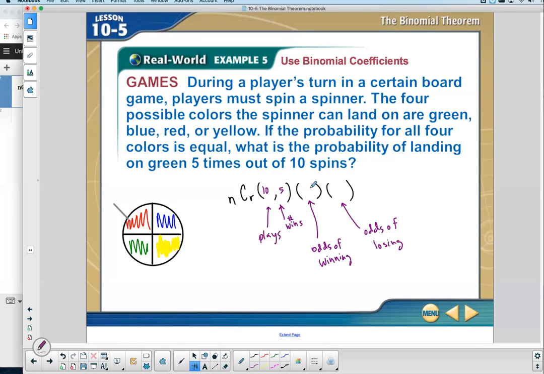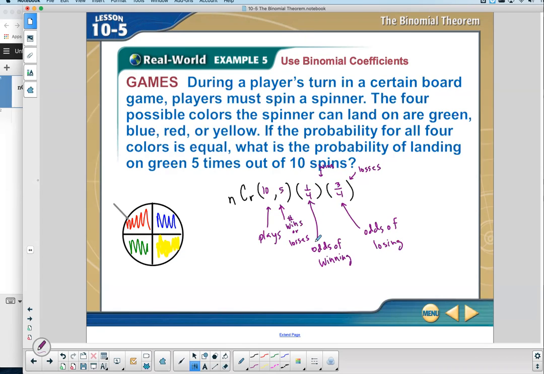The odds of winning this game are 1/4 because there's only one winning color and there's 3 losing colors. So 1 win out of 4, and over here it would be 3 losses out of 4 is the probability of losing. This in particular is the wins, and this one is the losses, the power.